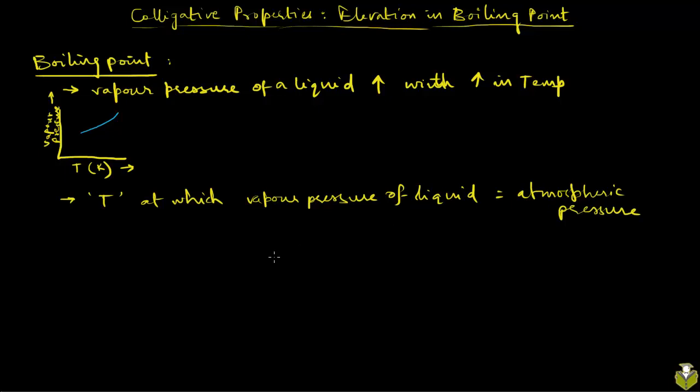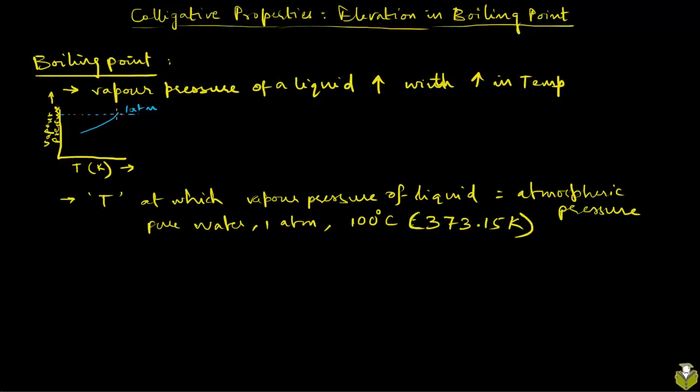So for example, pure water at 1 atm pressure boils at 100 C or 373.15 Kelvin. So if this were the atmospheric pressure, 1 atm, then the temperature at which that vapor pressure equals the 1 atmospheric pressure is going to be TB0, that is the boiling point of water or whatever liquid you're looking at in its pure form.